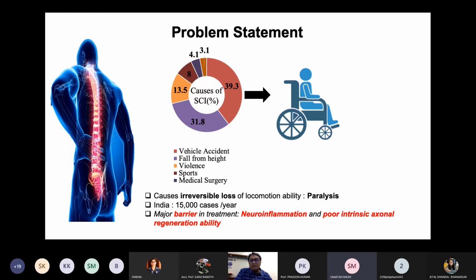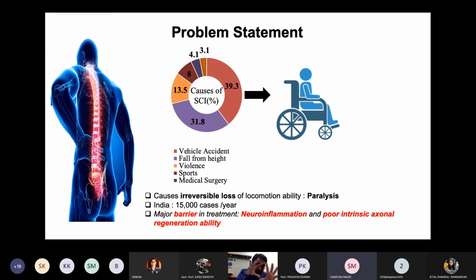It is such a delicate tissue in the body that even a mere touch, some shock, or a major injury can cause paralysis, which is a completely irreversible loss of locomotion ability.